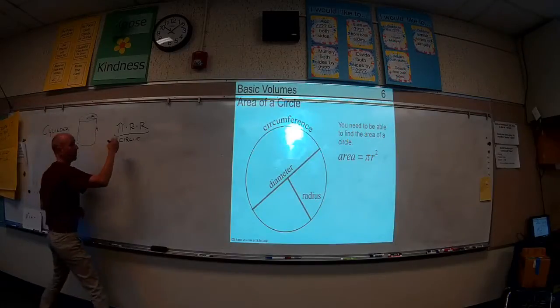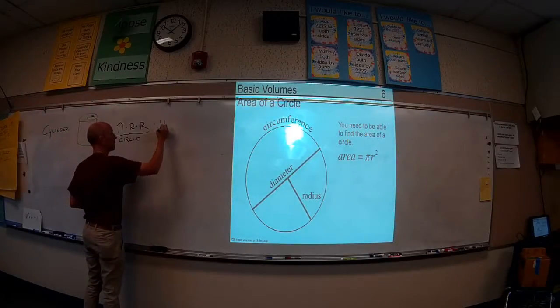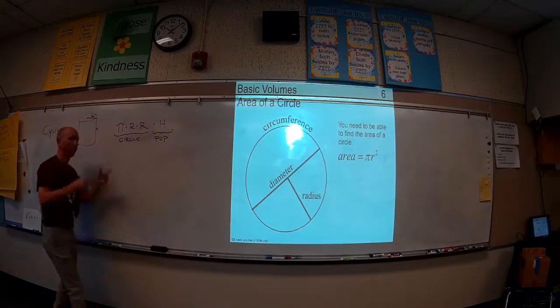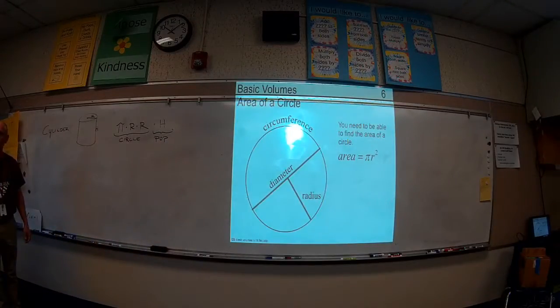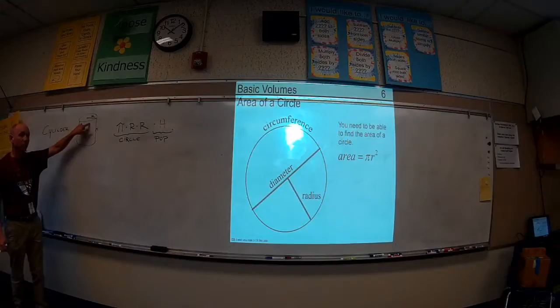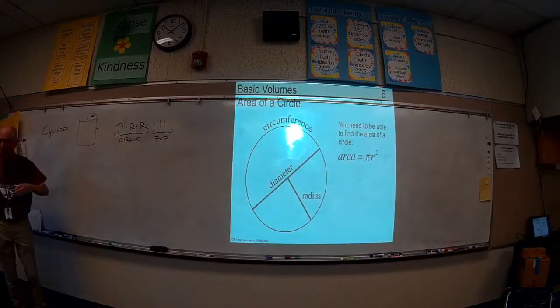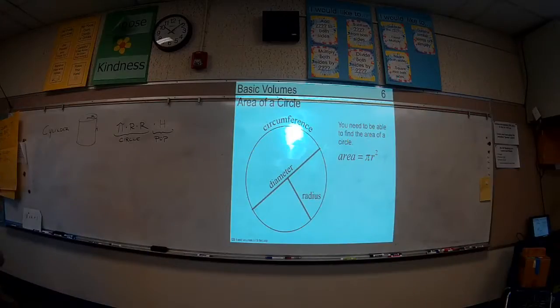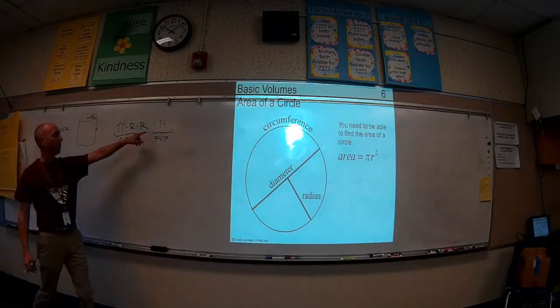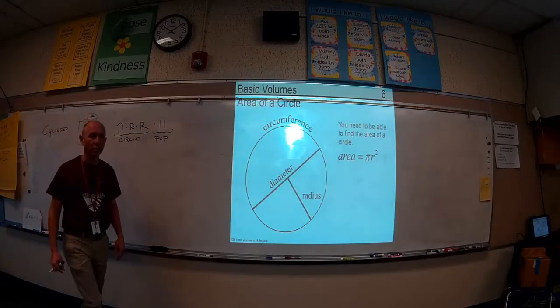There's the height. Pop. I start with my circle, and I pop it up with the height. So you're just adding one extra multiplication step to this.